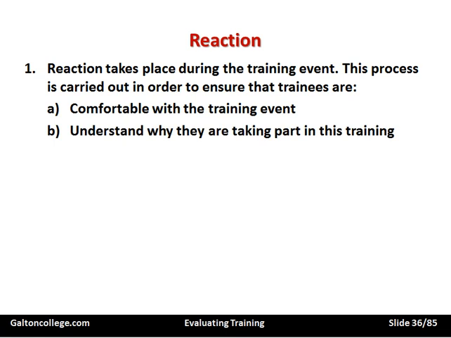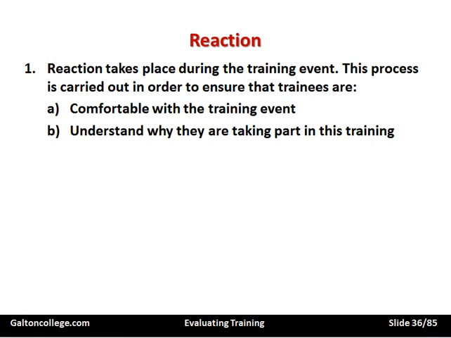They should understand why they're taking part in the training. They should understand the purpose of the training. Now, the purpose is actually to meet the learning objectives of the training program, but they may be couched in different words and just put onto an overhead projector or onto the computer and explained in slightly different language, not formal education language.